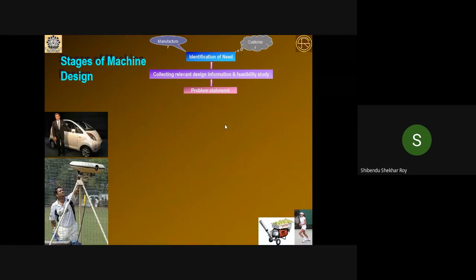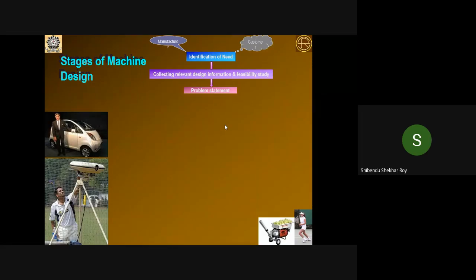Then how will you define that, or how will the problem statement be fixed? Obviously, your problem statement will be design and development of a low cost bowling machine, because we don't have that much fund. So it should be a low cost bowling machine. If it is 50,000, it's good enough. Even if it is 80,000, still it is affordable.